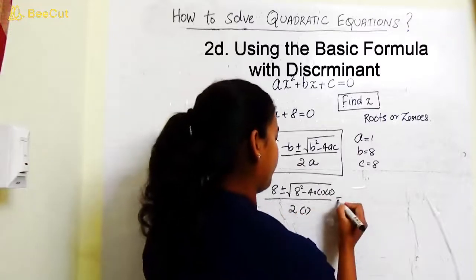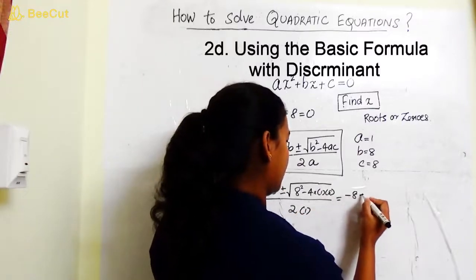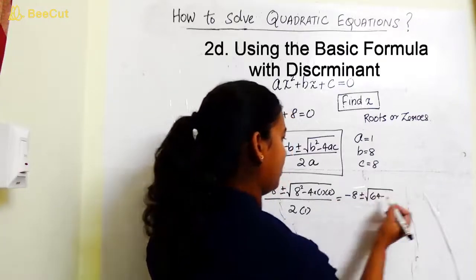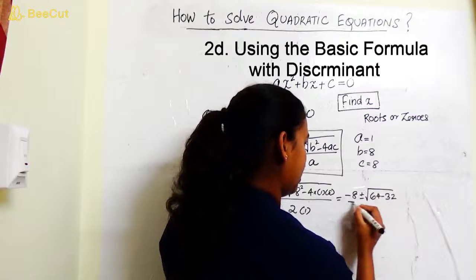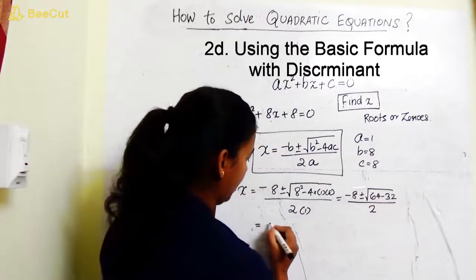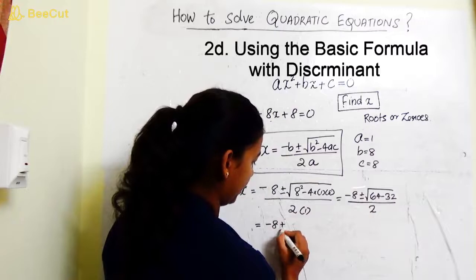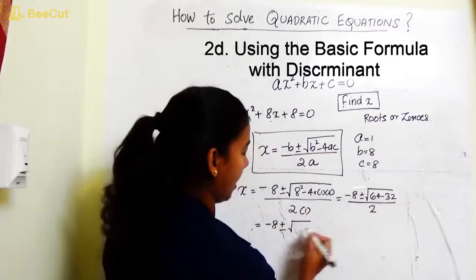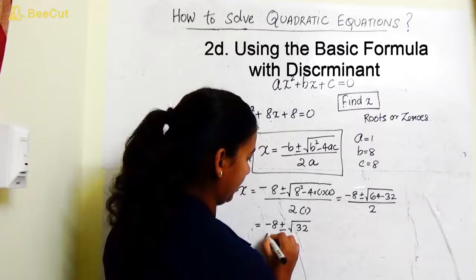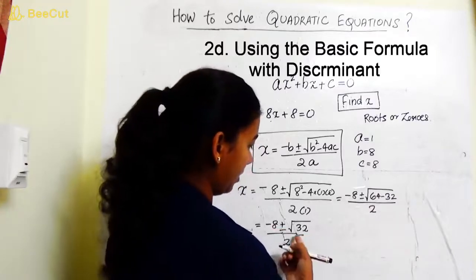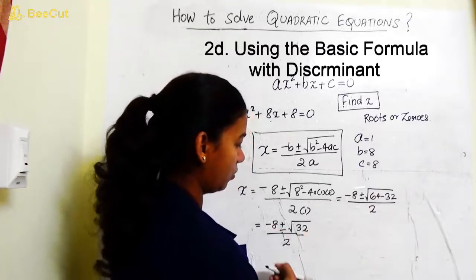So it will become minus 8 plus or minus root of 8 square is 64 minus 8 fours are 32 divided by 2. So that is equal to minus 8 plus or minus root of 64 minus 32 is 32 divided by 2. Now I need to find the square root of 32.